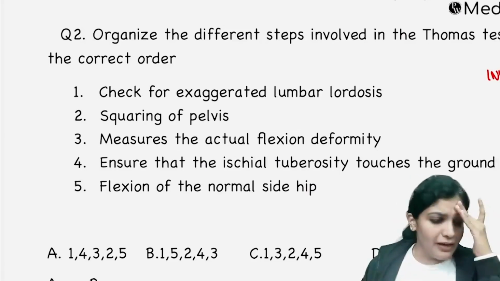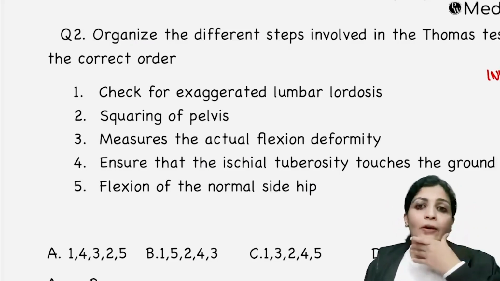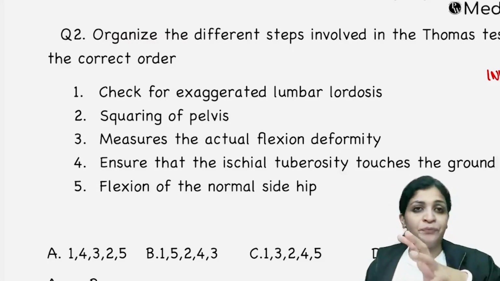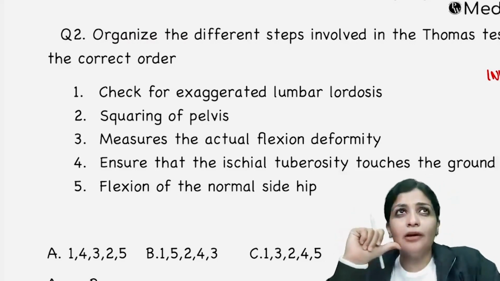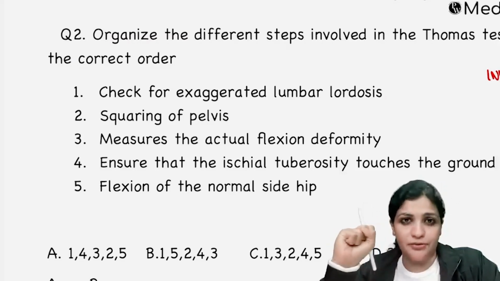Yes, iliopsoas contracture. Contracture is something where the entire muscle goes into fibrosis, and it will stay in that flexion.